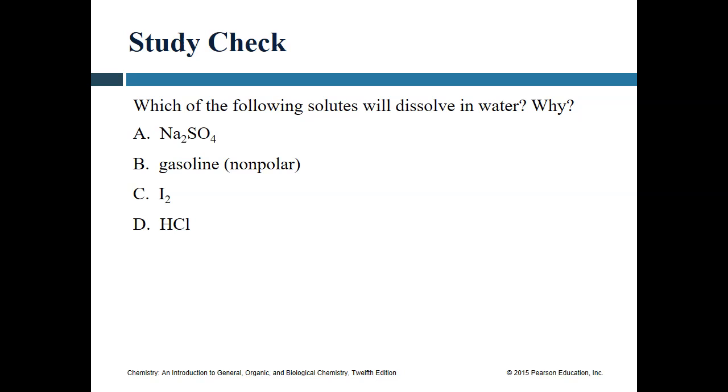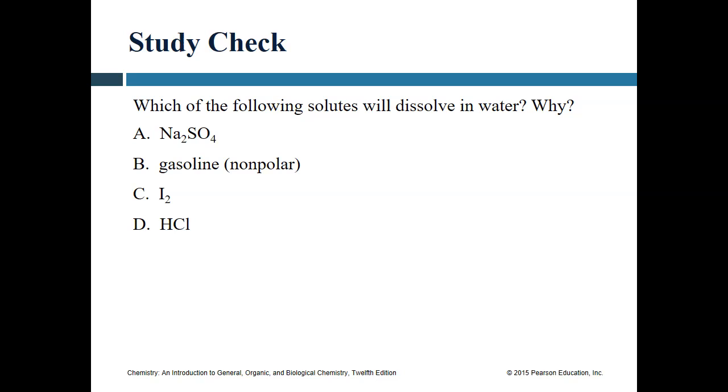All right, which of these will dissolve in water? Okay, let's think about our principle here. Like dissolves like. So is water polar or non-polar? Amelia, say that out loud.